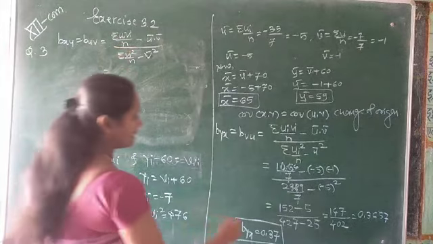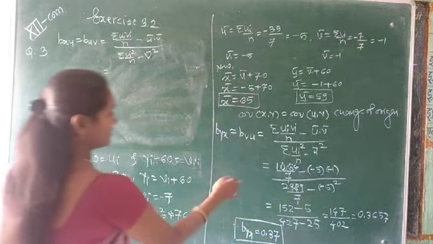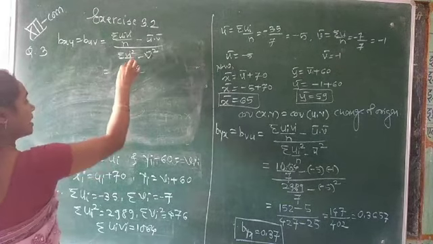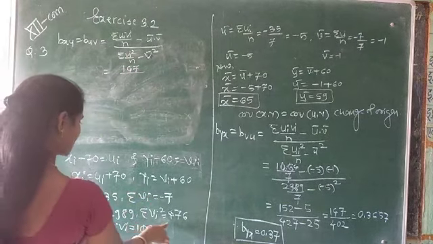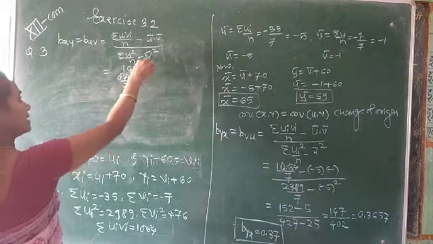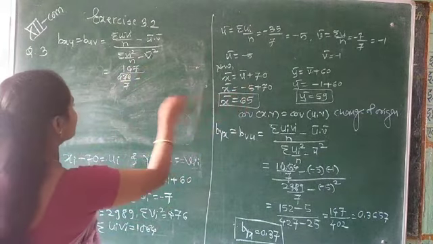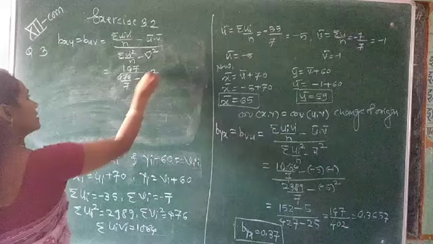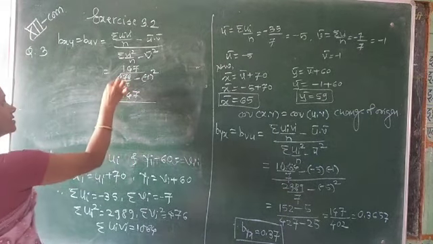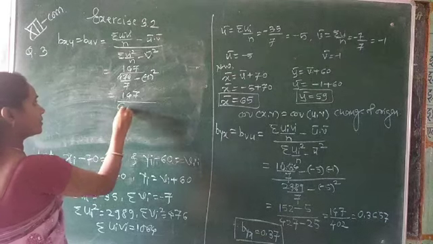Summation UiVi, write directly this value, which is 147. Numerator is same, 147 divided by Vi square. What is the value of Vi square? 476 divided by 7 minus V bar, that is minus 1, and minus 1 square. Since it is 147 divided by 7, 1 4s are 7, 6 are 42.